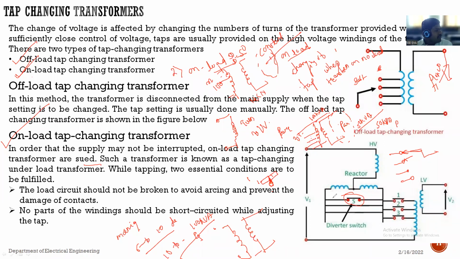Supply continuity can be maintained by using the diverter switch, and once our tap changing has happened, we open this diverter switch. When the diverter switch is opened, the circuit that we had closed through the diverter becomes open.